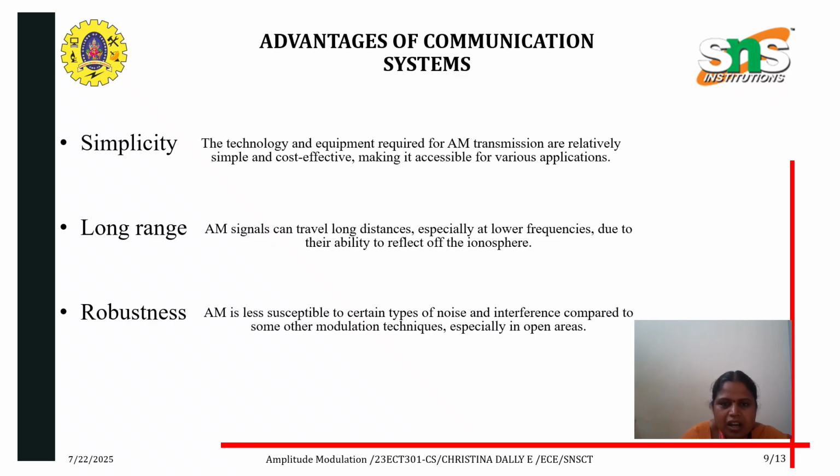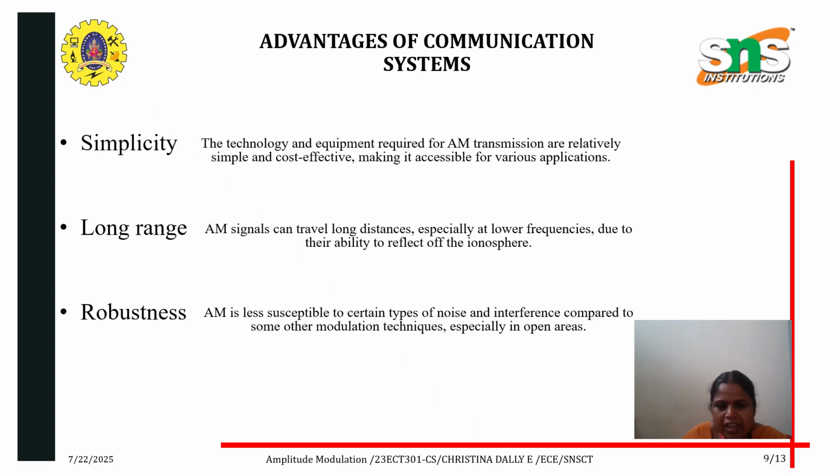Coming to the advantages, the communication system is simple. The technology required for AM transmission is cost effective, and it is accessible for various applications. Long range: it can travel long distances due to its ability to reflect off the ionosphere.